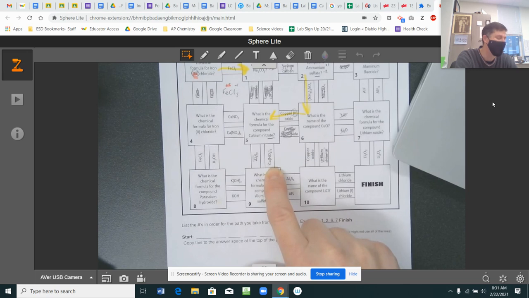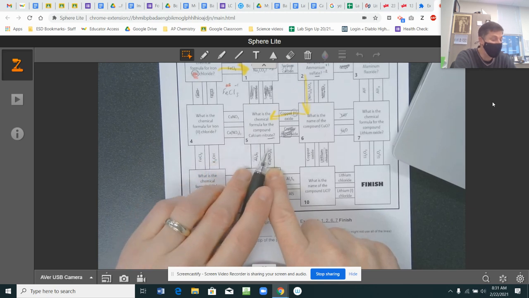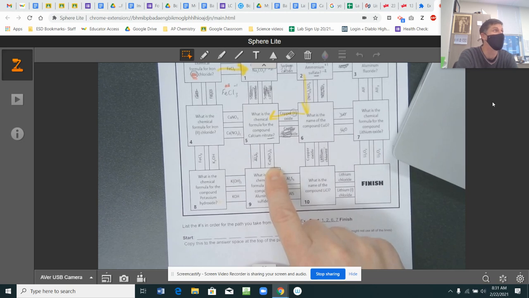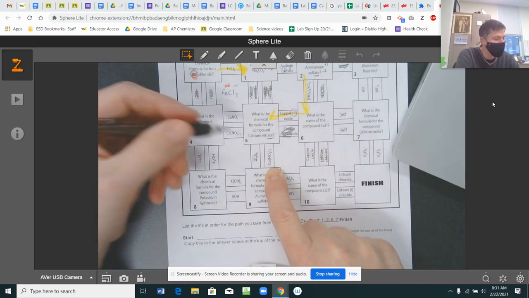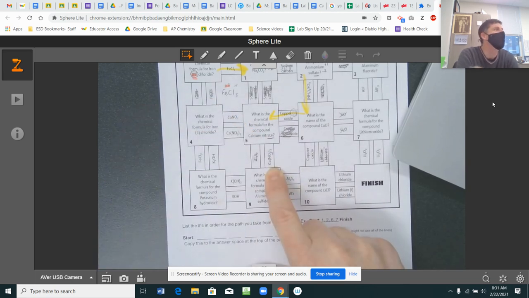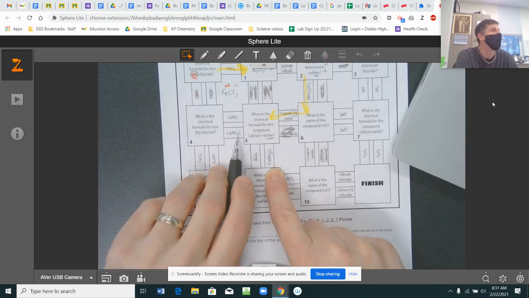Because parentheses. Okay, well, this one has parentheses too. You were right to rule this one out. I just wanted to see if you knew why you ruled it out. Because it has two charges. Not that it has two charges. Notice that one says NO2. That's an NO3.